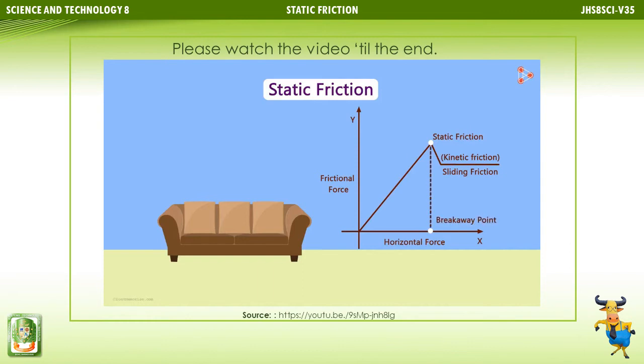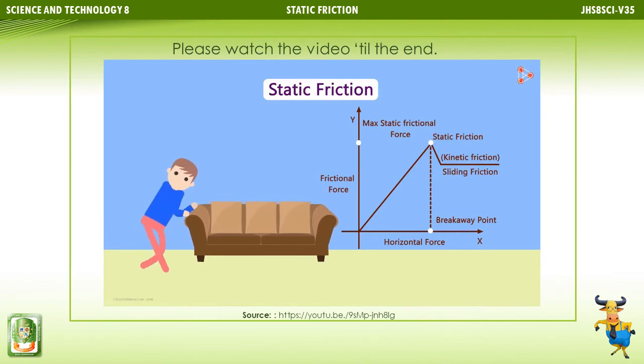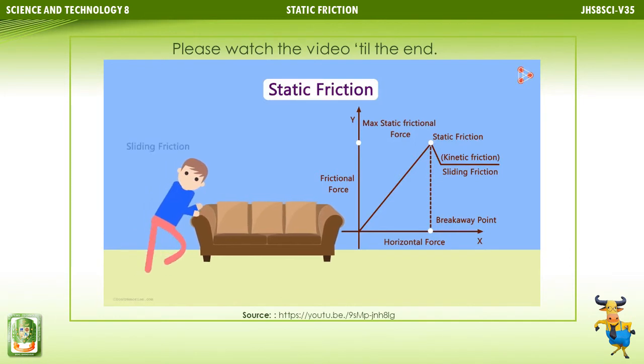Is there anything else you noticed in the graph? Why is this line at a lower level than the maximum static frictional force? The reason is simple. If you've ever pushed a sofa or some heavy object on the floor, you would have realized that pushing it is a little easier when it's in motion. Yes, it's because the sliding friction is lesser than the static friction that's offered by the floor.